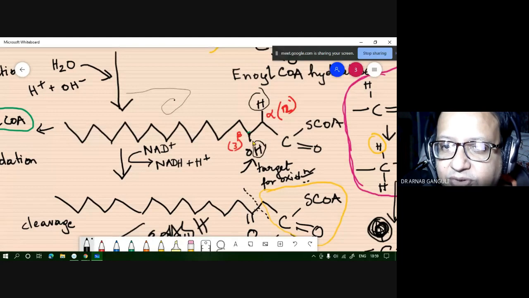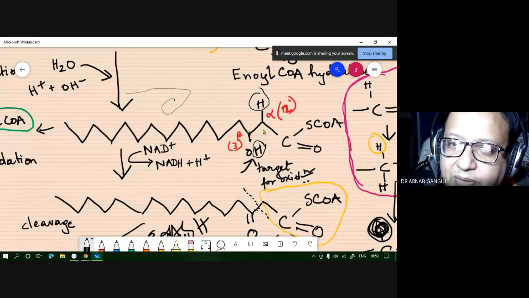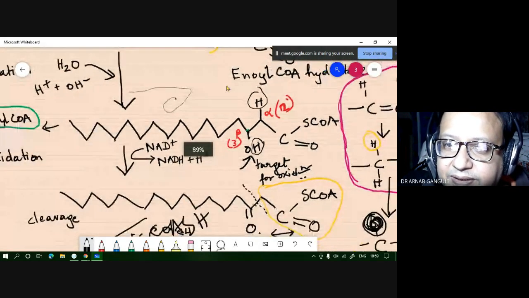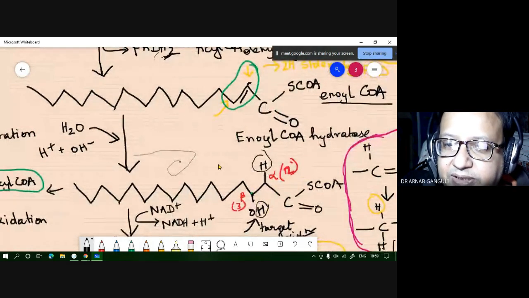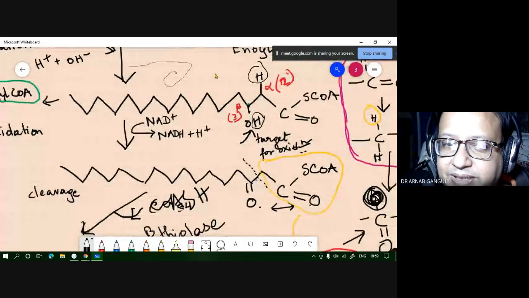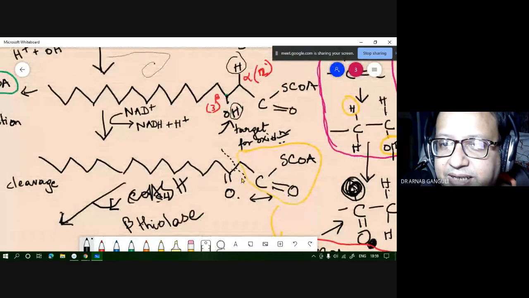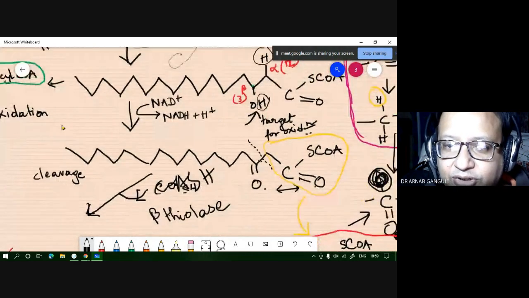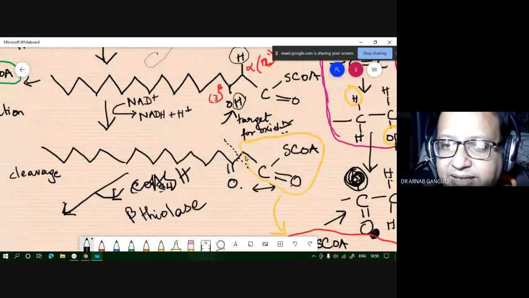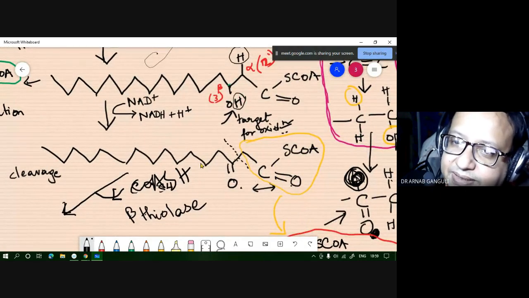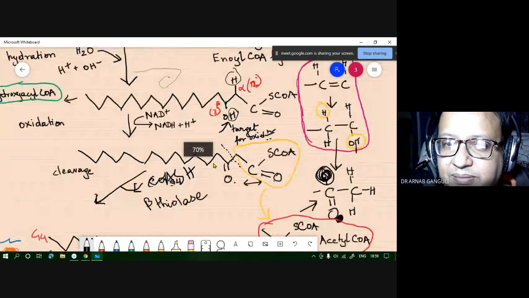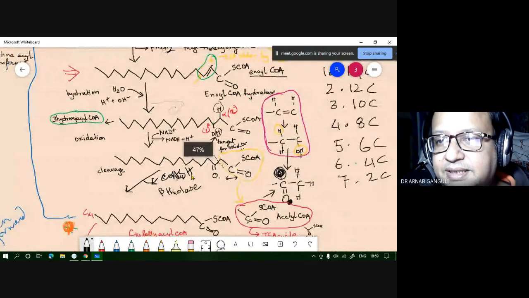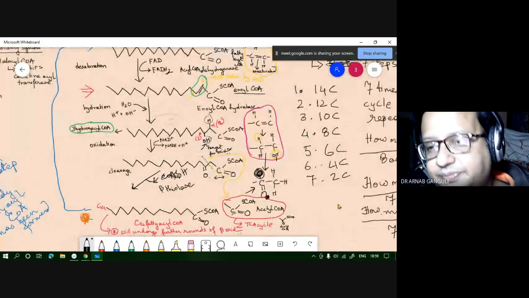See, H OH has come. The double bond disappears, and HOH comes. Then immediately NAD and FAD, hydrogen is stolen. Oxidation takes place and cleavage starts to take place. And particularly this is repeated once more.